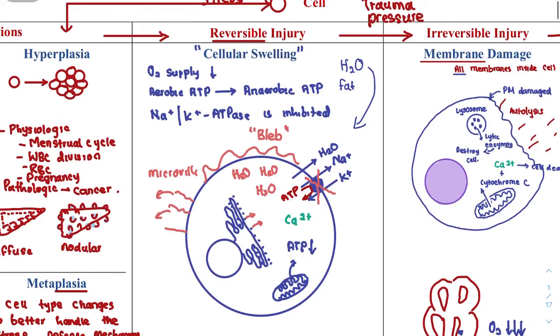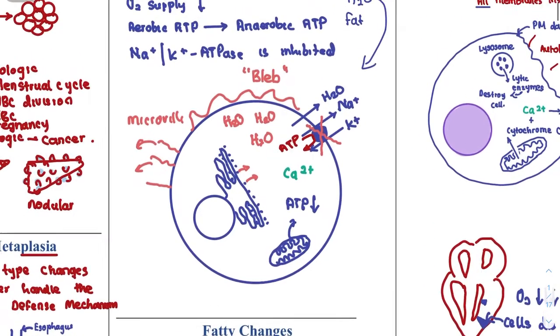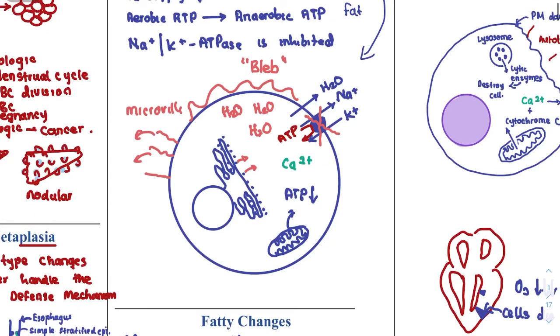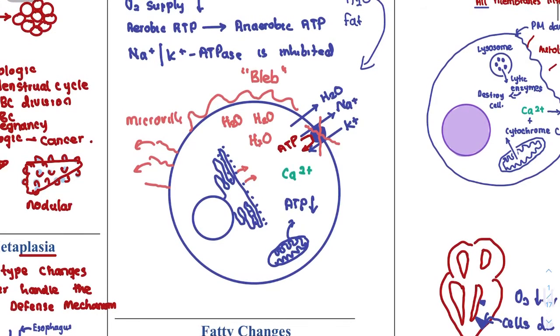So let's take water accumulation first. First of all, there's going to be hypoxia. Let's say there's hypoxia and the oxygen supply to the cells decreases. The mitochondria cannot produce enough ATP because it changes from aerobic to anaerobic respiration.